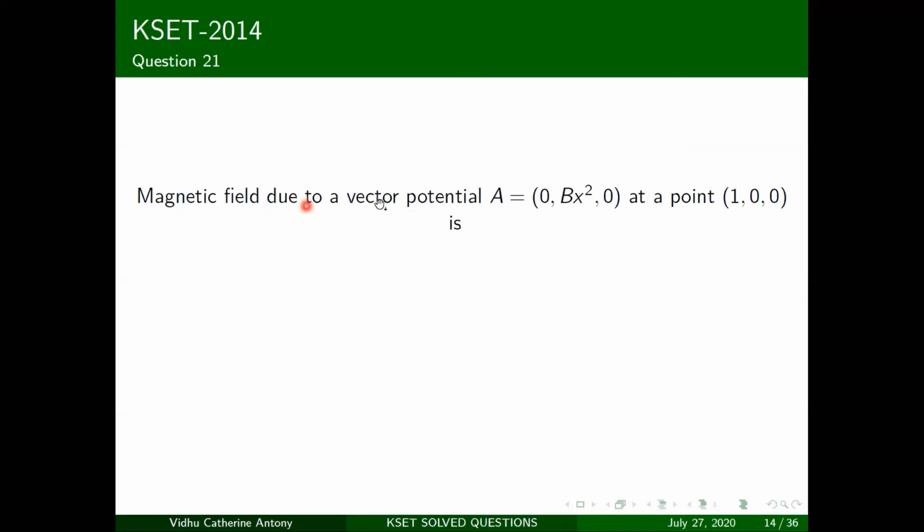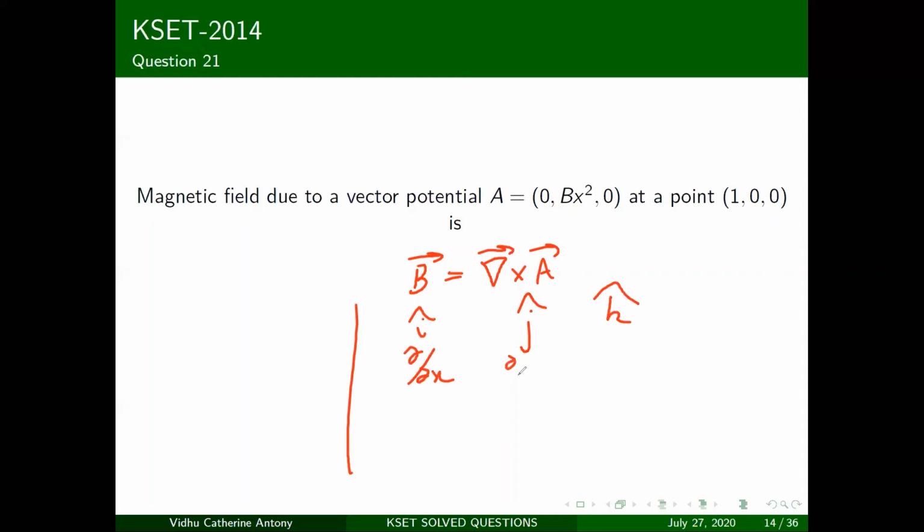Okay, so the magnetic field due to a vector potential at a point is, so basically this is how you define your vector potential. This is how you get your magnetic field from the vector potential. And how do you do this? So basically you write i cap, j cap, k cap, dou by dou x, dou by dou y, dou by dou z, and then Ax, Ay, and Az components.